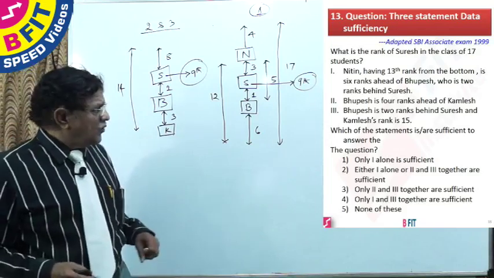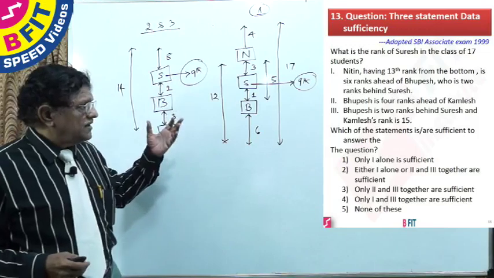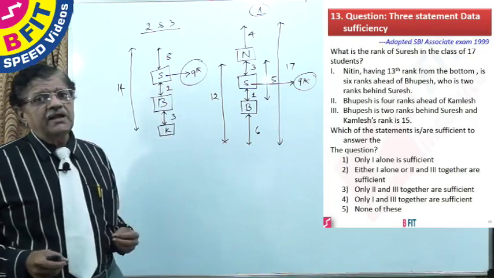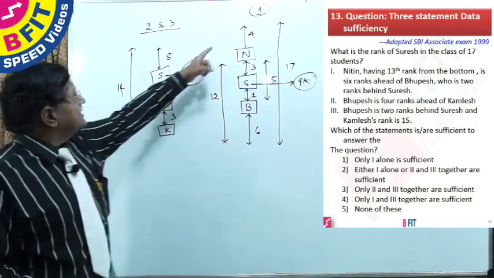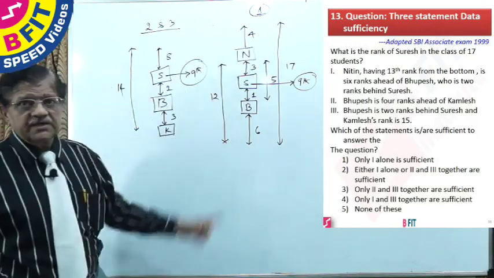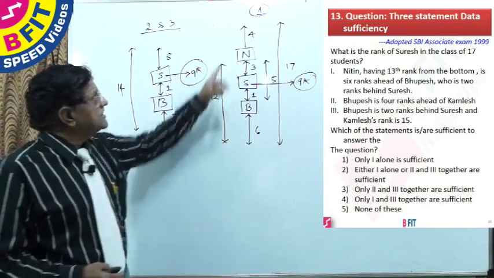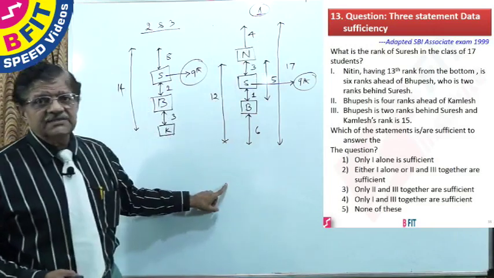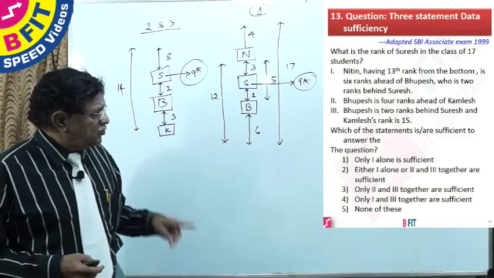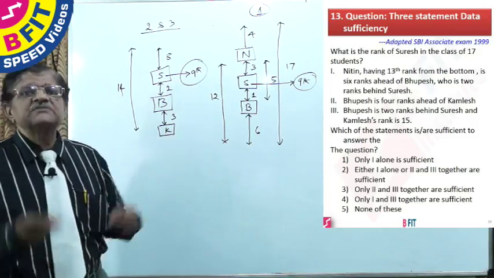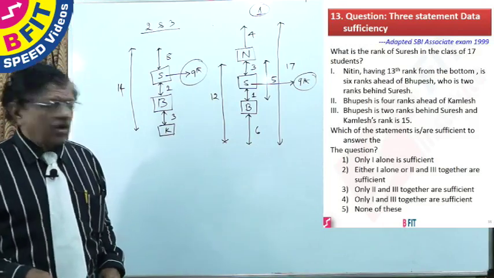Option 1 says statement 1 alone is sufficient. We have already seen that statement 1 alone is sufficient to answer the question. To state that only 2 and 3 together are sufficient means we are excluding 1. Therefore, obviously option 3 is wrong.